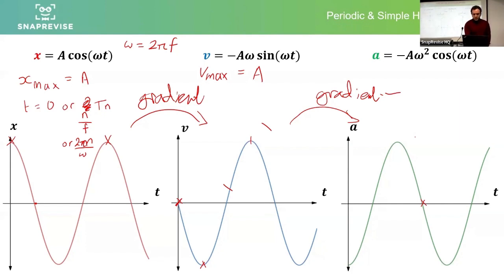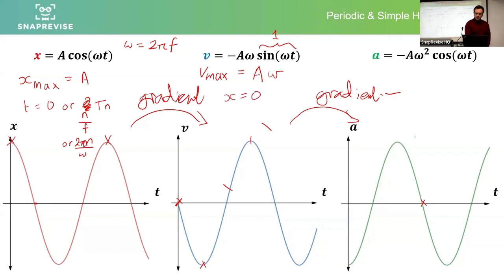So what's the maximum value? Well, the maximum value of this that it can be is 1. So the maximum value of v in terms of magnitude is A times omega. And that's going to be whenever x is 0.